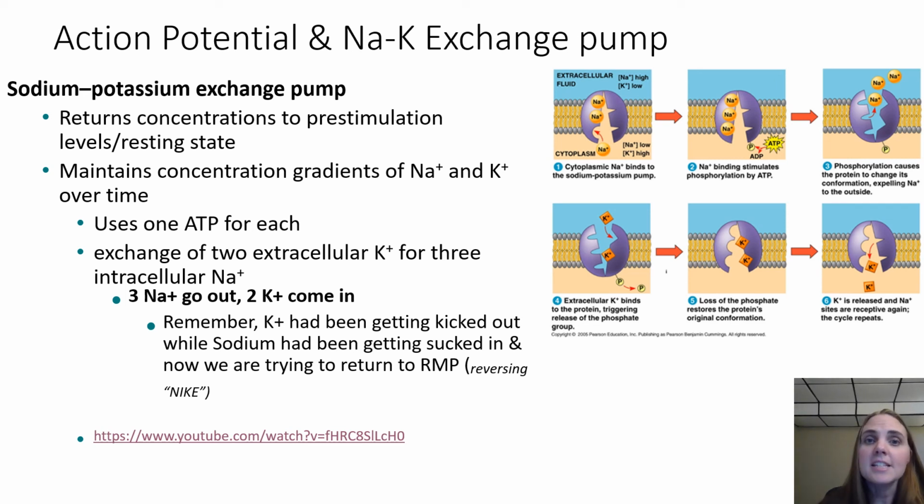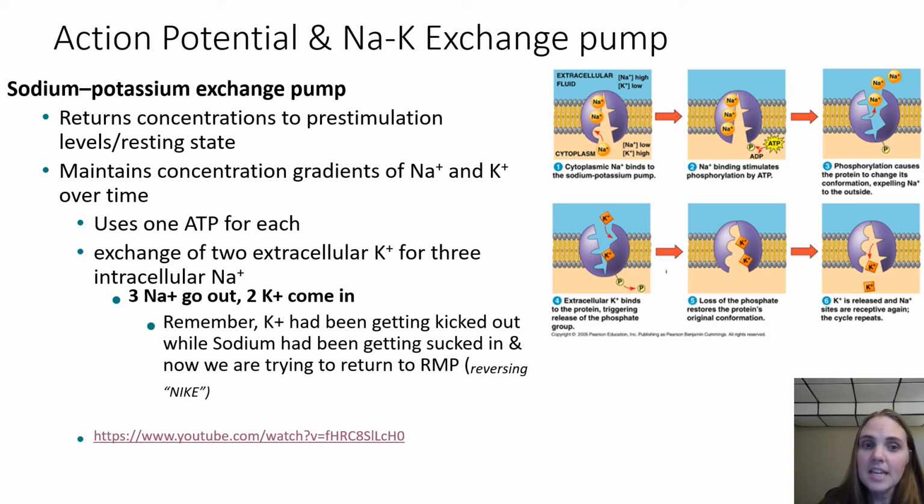To return our ions to that pre-stimulation level and restore resting membrane potential so we can have those other impulses be generated, our membrane uses that sodium-potassium exchange pump. So remember, this is an active channel, meaning it requires ATP, requires energy, and it transports 2 potassium ions into the cell and transports 3 sodium ions out of the cell.